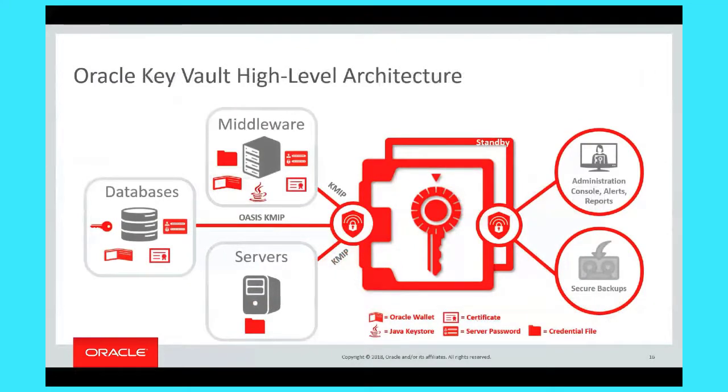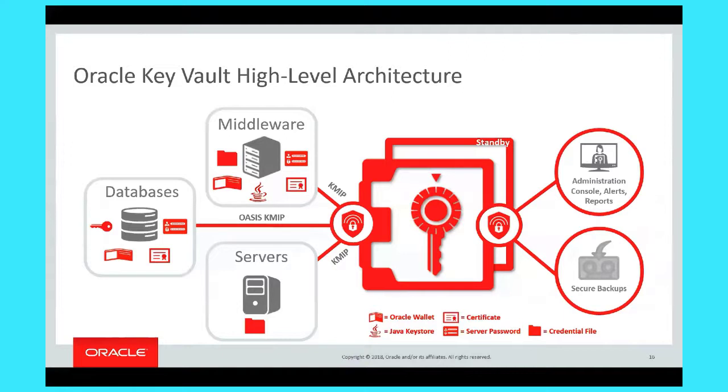From an architecture standpoint, Key Vault is very simple. It is a software appliance, and if you've ever installed Audit Vault and Database Firewall, a Key Vault install is going to look very familiar to you. When you install it, it lays down its own operating system, it lays down the database, it lays down the application on top of that database. Key Vault talks to endpoints.